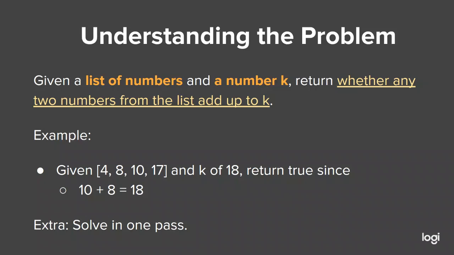Words like any suggest that a condition needs to only be satisfied once. Right? And that's how we tease apart our problem statement in order to extract important information and discard distracting and unnecessary information.